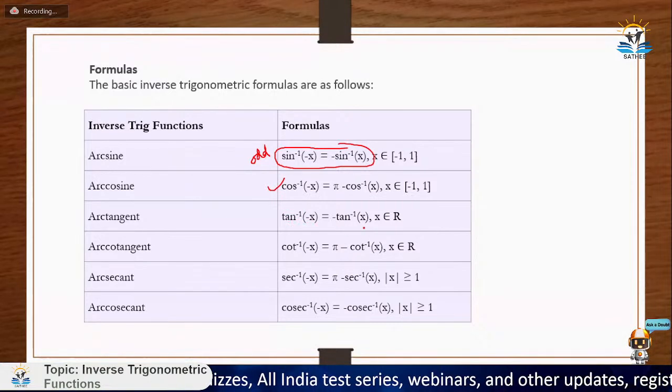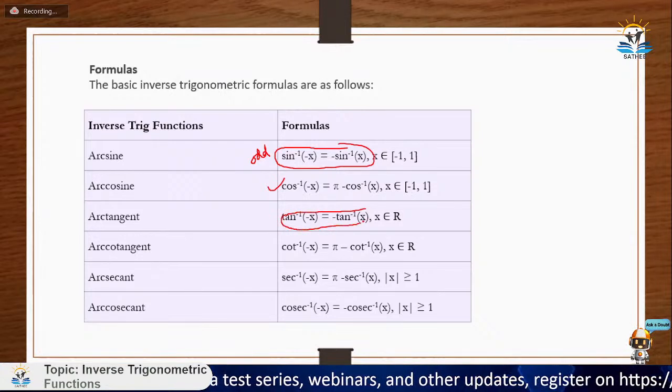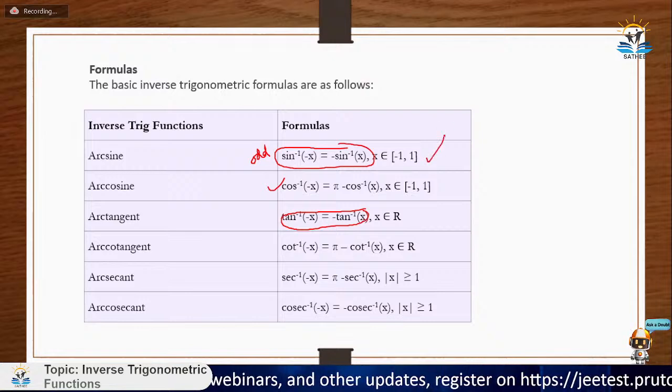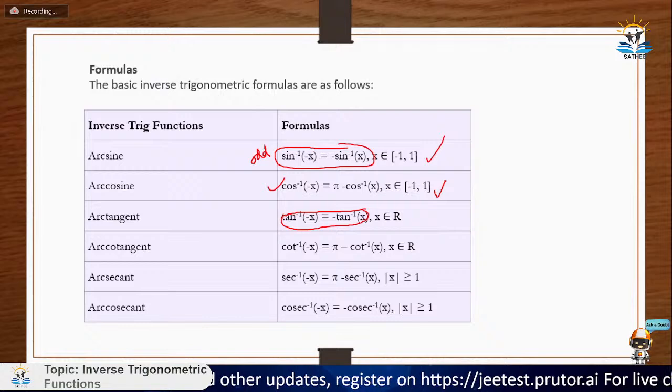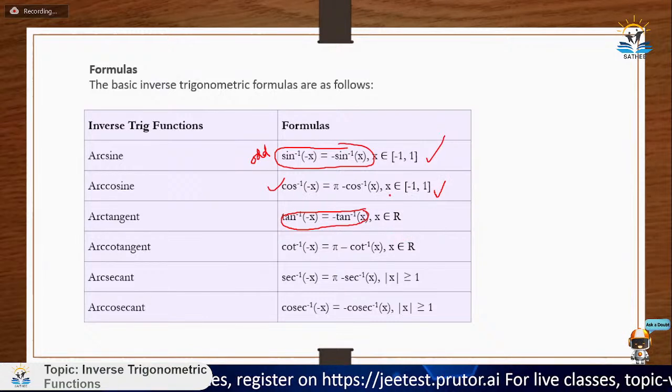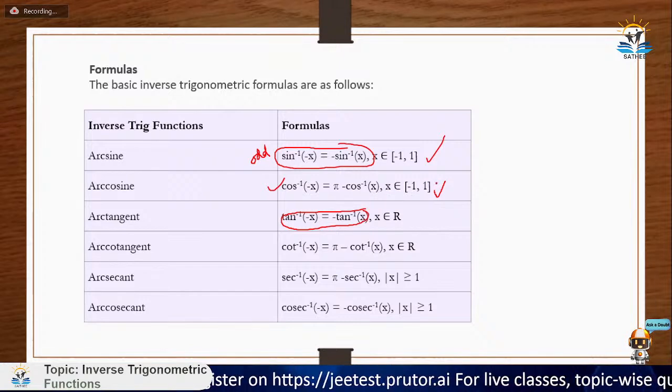For tan inverse of minus x, it is minus tan inverse x, again because it is an odd function. You have to remember in which domain these functions lie, because it's very important. This is where questions are made in IIT JEE, so please remember it. We will study domain and range in the coming slides also.